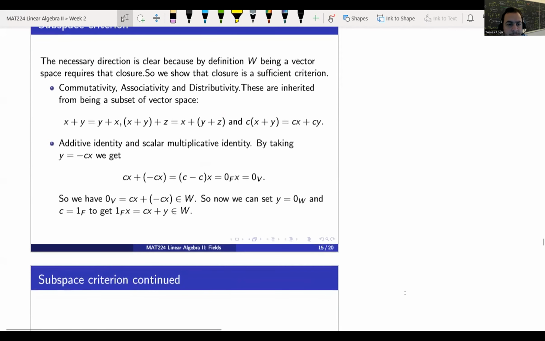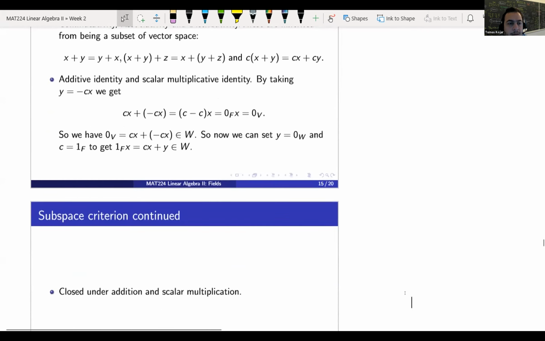What else? For the multiplicative one, this follows much easier, because now you know that 0_V is in your space. You can set any constant you like, so you take the constant 1.